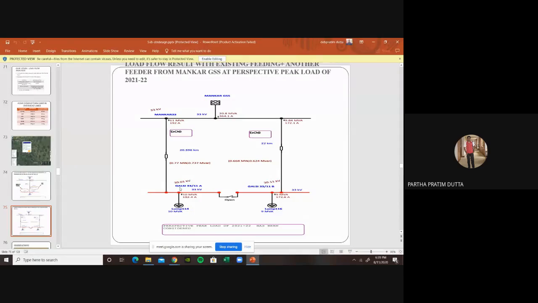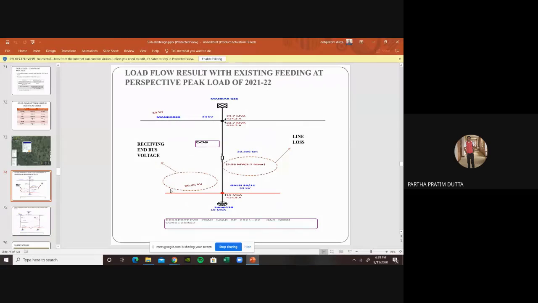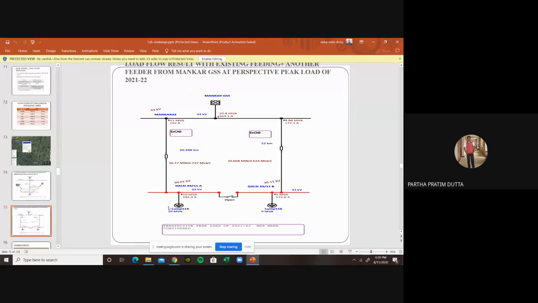Not 33 kV, it is 30.01 in one case, and 30.11 in the other case at the 33 kV bus. So from previously 26.45, the voltage regulation has improved to 30.01. That software analysis we usually do, so that we come to know whether a second line for that particular substation is needed or not.